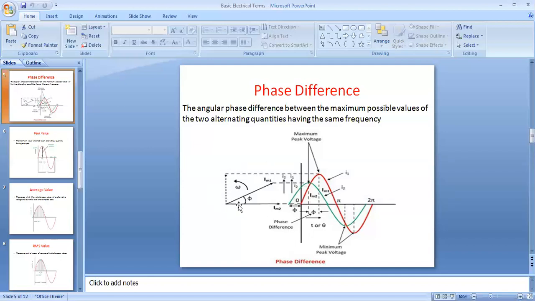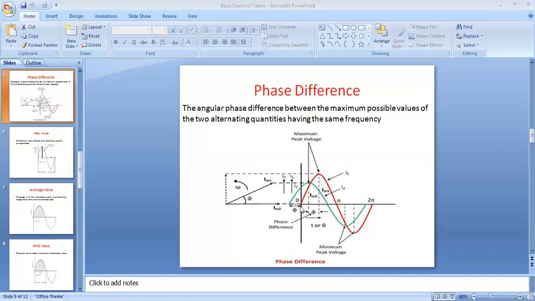And on the left side, the vectors for current IM1 and IM2 are shown. Both vectors are rotating at the same angular velocity, that is omega radian per second. The two currents obtain their zero value at different instant.